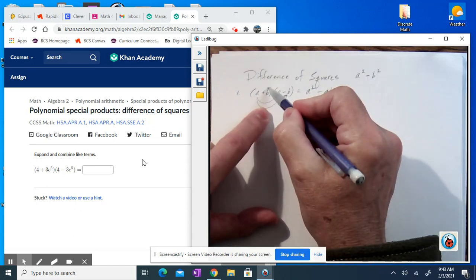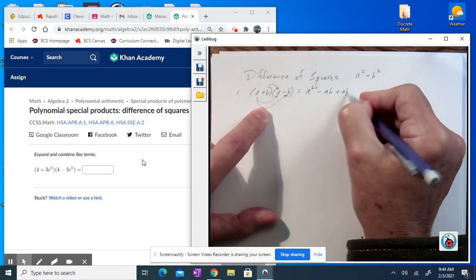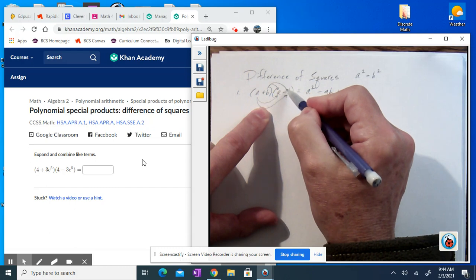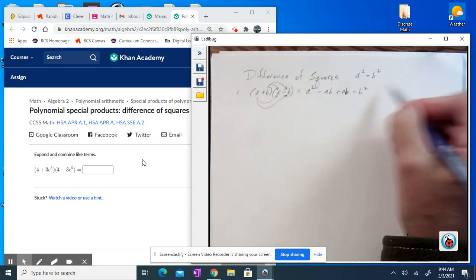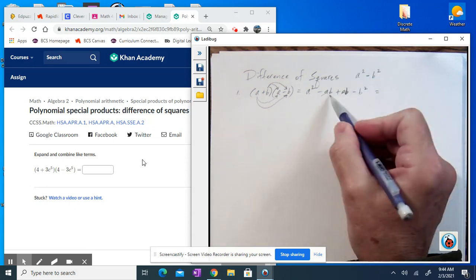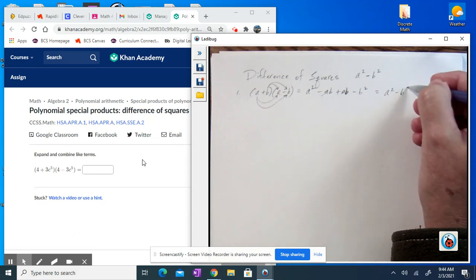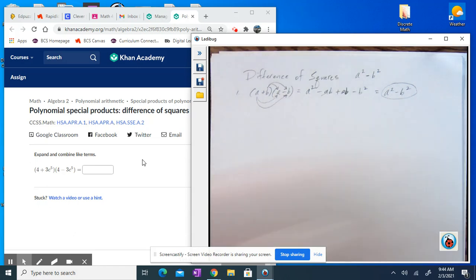Then b times a, which is plus ab. And finally, b times minus b, which is minus b squared. As you can see, these 2 in the middle just cancel each other out, leaving you with a squared minus b squared. So the product is what we call a difference of squares.